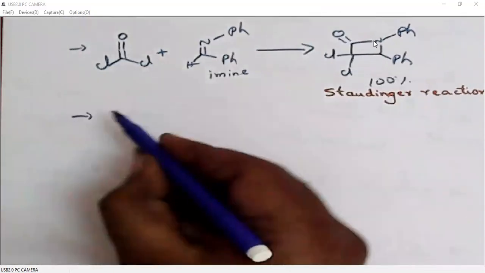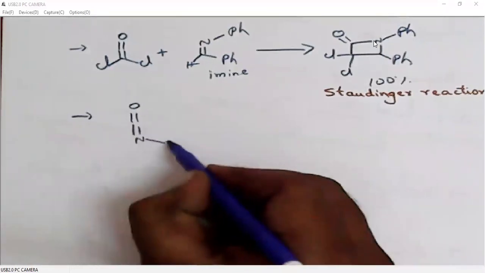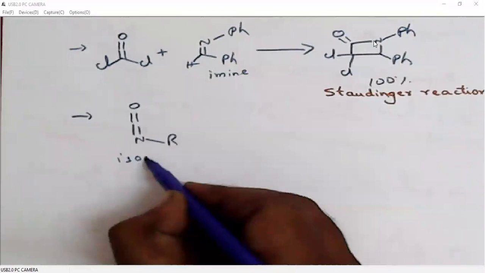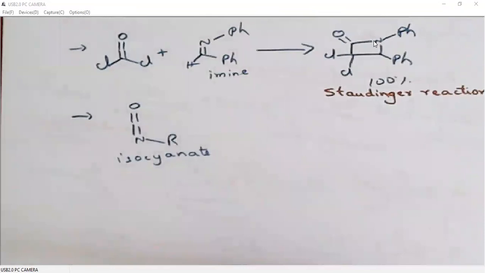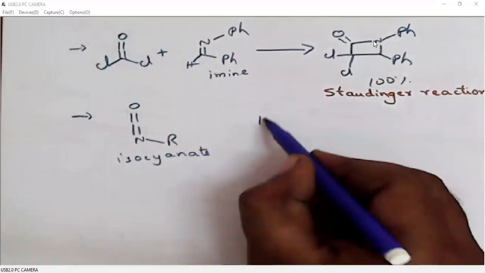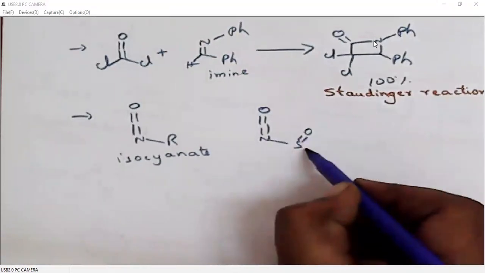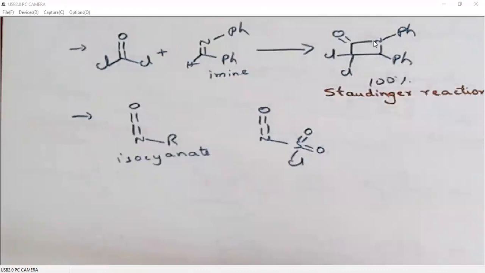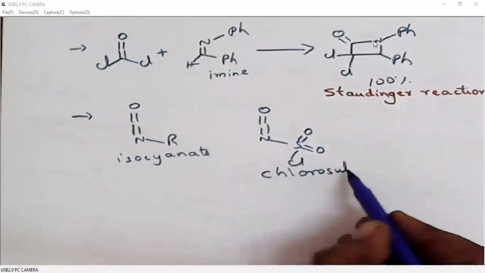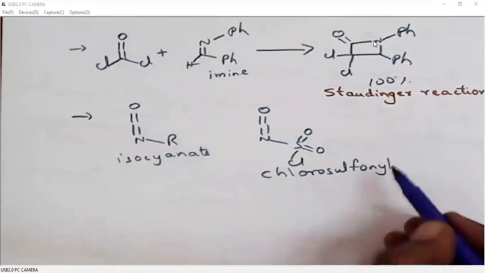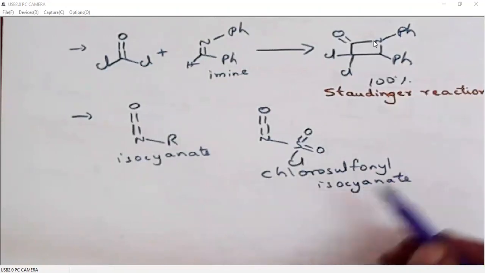Not only ketenes, we can also use isocyanates. So this is isocyanate. So isocyanate can also be used in 2+2 cycloadditions. So this is a model isocyanate, and it is an example of isocyanate: chlorosulfonyl isocyanate.